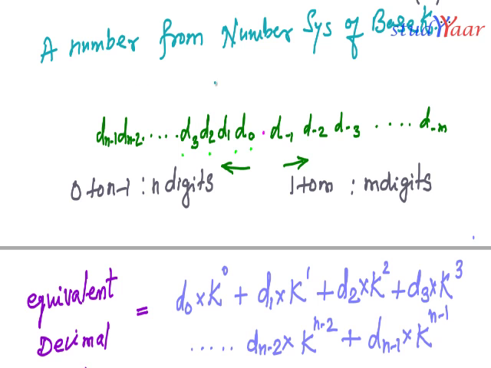Okay, let me tell you one more thing over here. In this kind of representation, we call this number as most significant digit. Okay, the number in the extreme left is known as the most significant digit, and the number in the extreme right, okay, is called as the least significant digit.